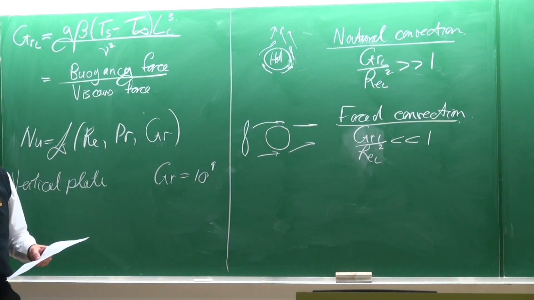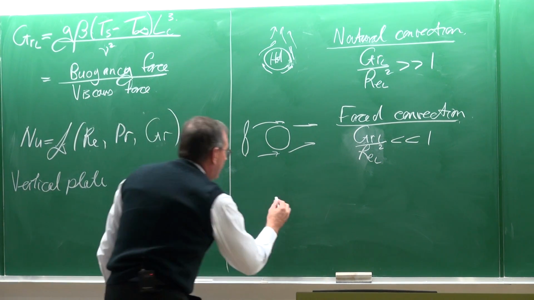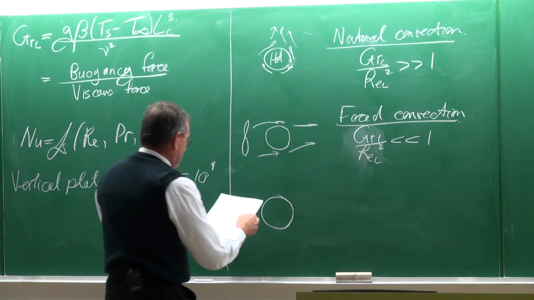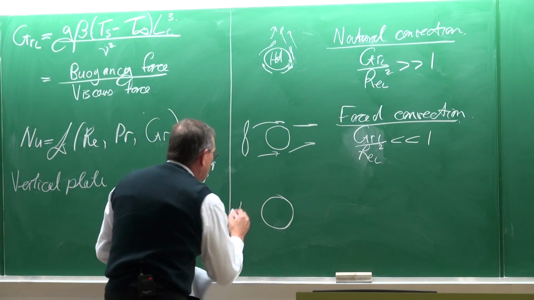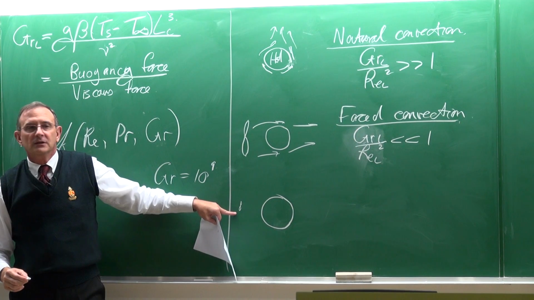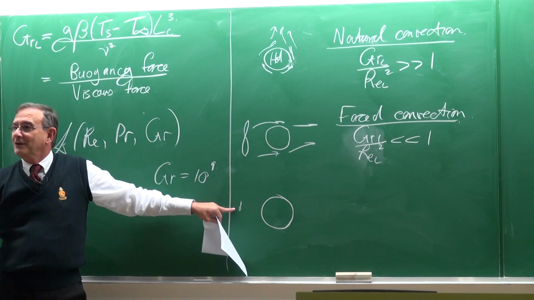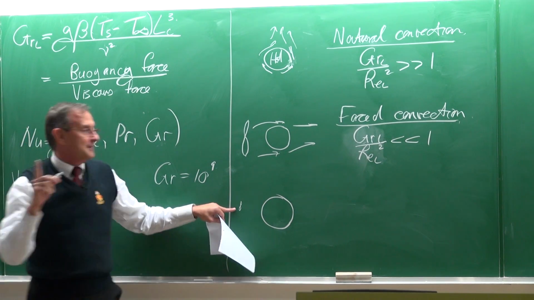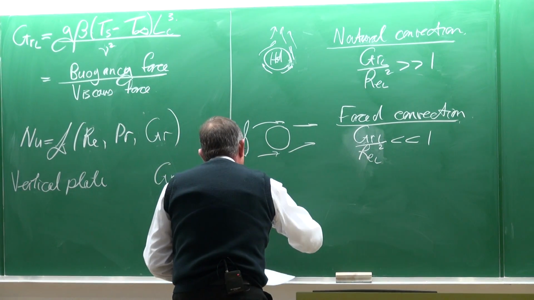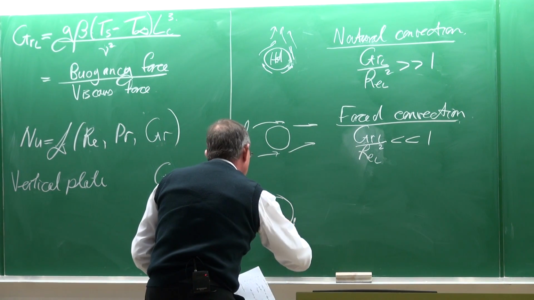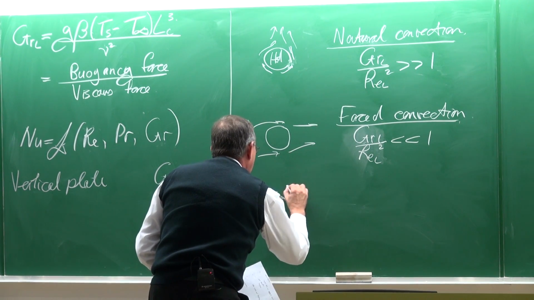And then the third category of problem is where you have the sphere, and what do you see here? A very small fan. Okay, so a very small one. Because now the flow is going to be considered where there's lots of natural convection.